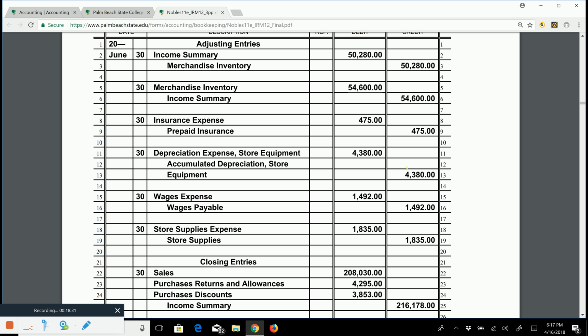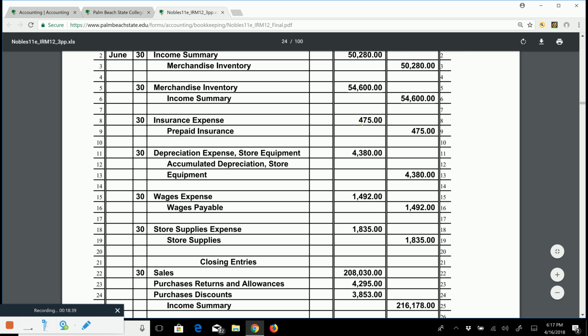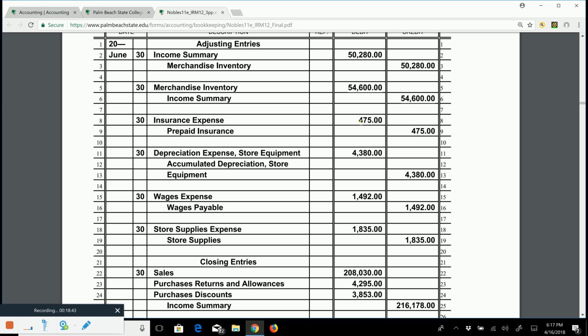As the year went by, $475 of this premium has expired. Time went by, and so what we do to adjust it is we record the insurance expense increase with a debit, and the credit is going to go to the asset. We're going to reduce the asset by $475.